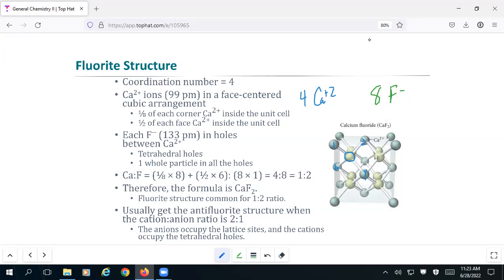We'll tend to see this structure for that. Now, if it's reversed, if it's like sodium sulfide, where it's a 2-to-1 ratio cation to anion, what we'll see is something called the anti-fluorite structure, which will look exactly the same, but the cations and anions will switch positions. So you'll have a structure more like what we've been used to. Anions make up the face-centered unit cell. Cations fit into those tetrahedral holes.